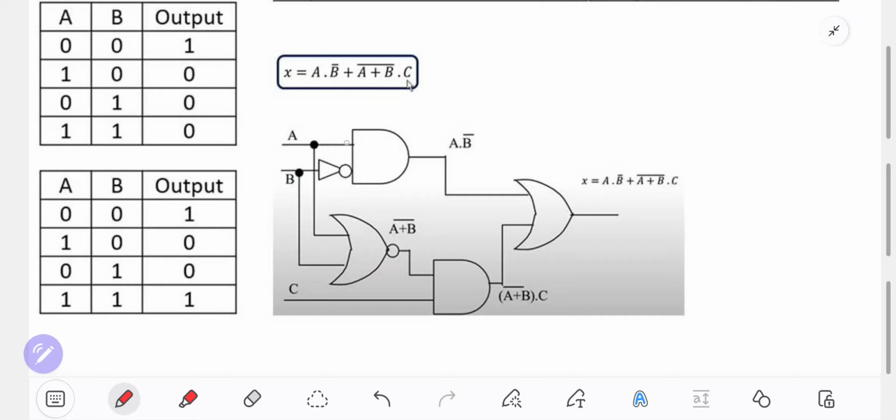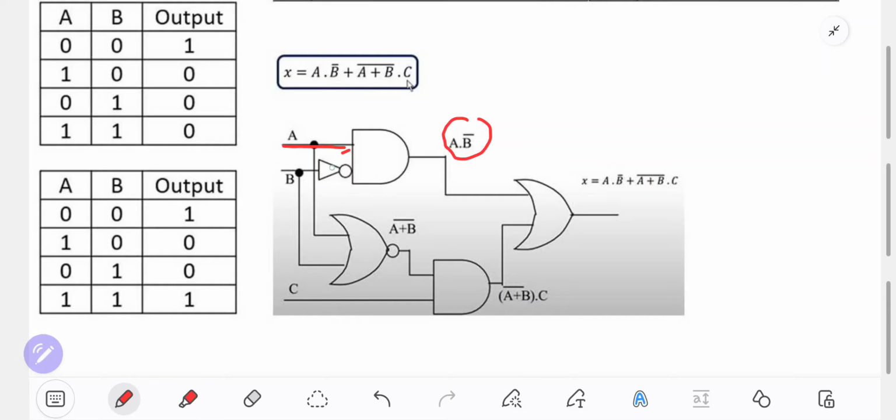Okay, we can join A and B accent. You can see here input A and input B accent through an inverter.